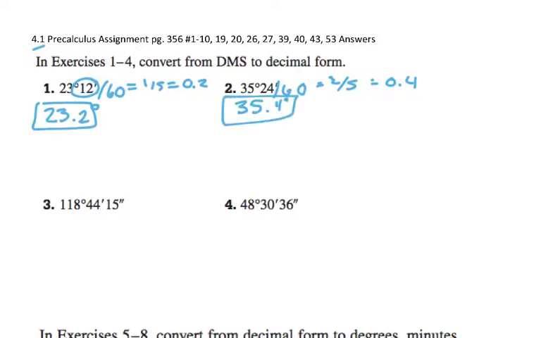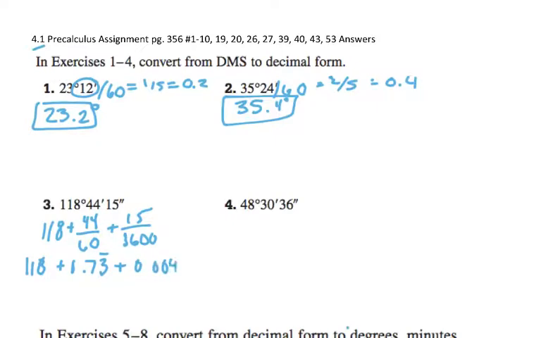Alright, the next one has seconds, so that's lovely. But the idea is that we still have 118. To that we're going to add whatever 44/60ths is, and then to that we're going to add whatever 15/3600ths is. So 44/60ths is 0.73 repeating, and 15/3600 is 0.00416 repeating.